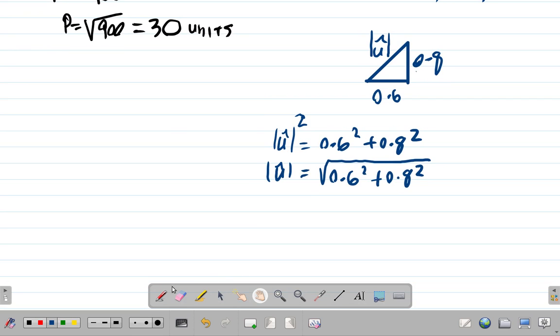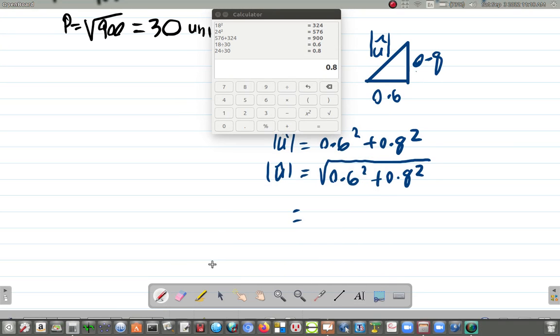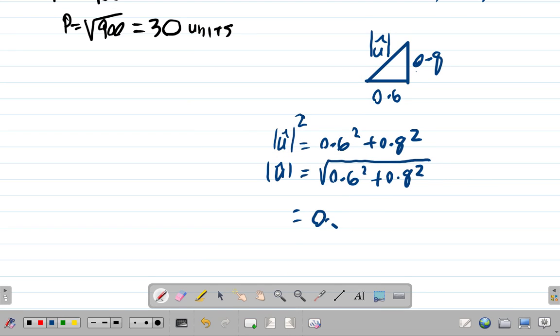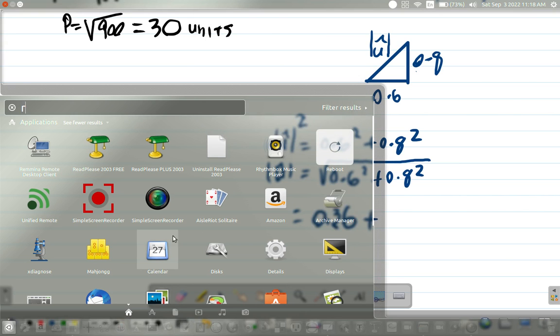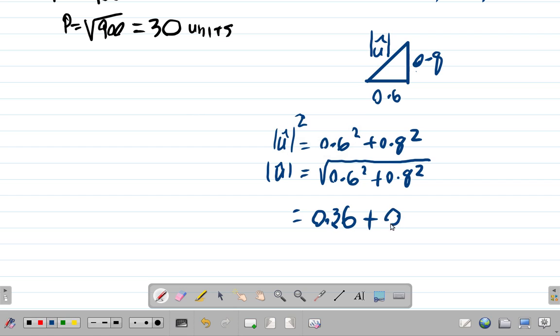You see that? 0.6 squared equals 0.36. 0.36 plus 0.8 squared. 0.8 squared equals 0.64. The square root of all this.